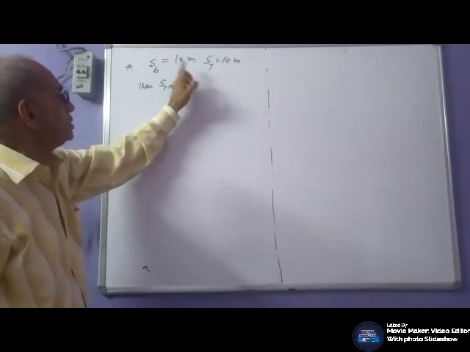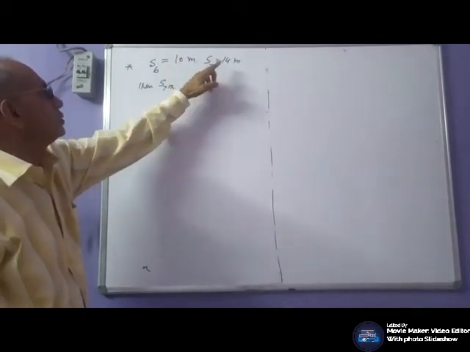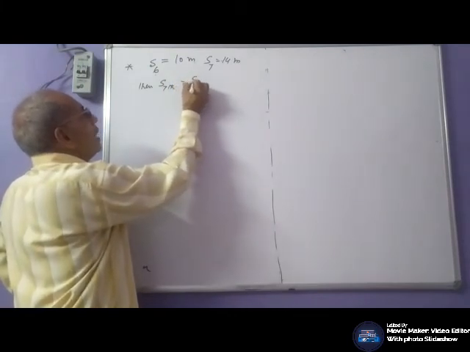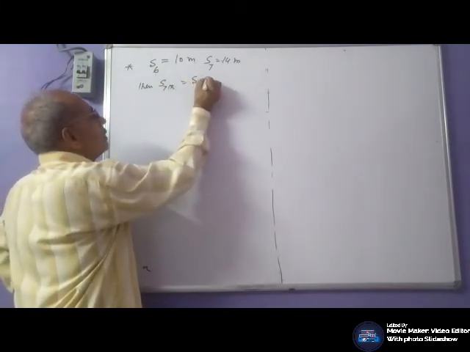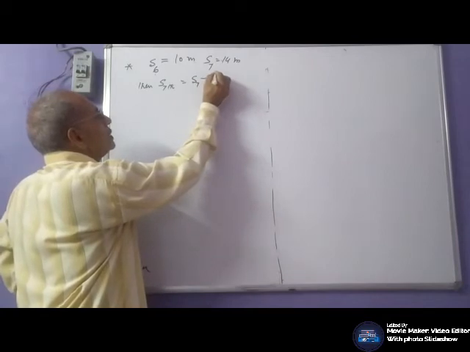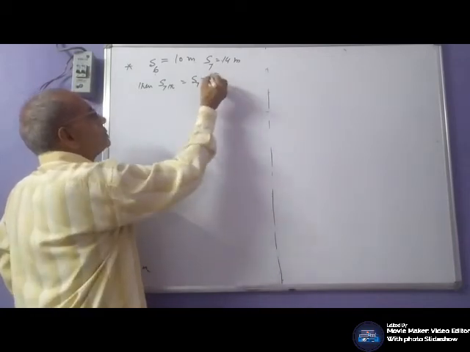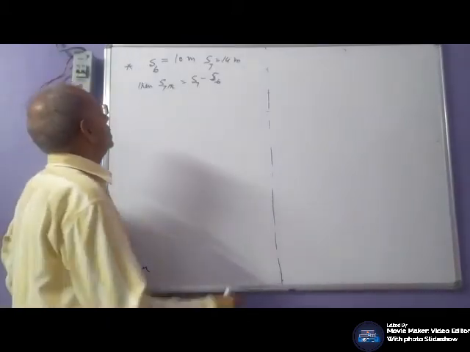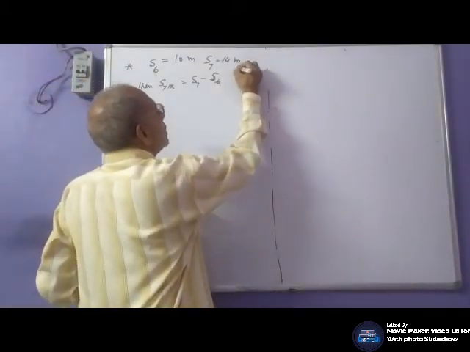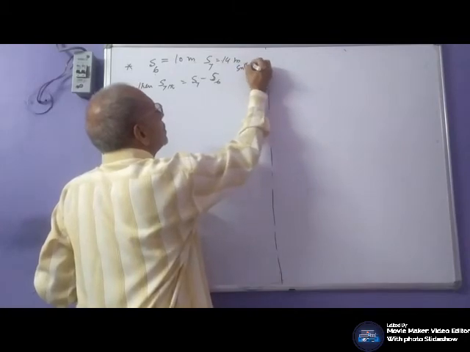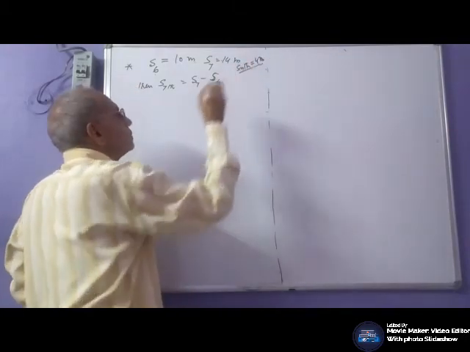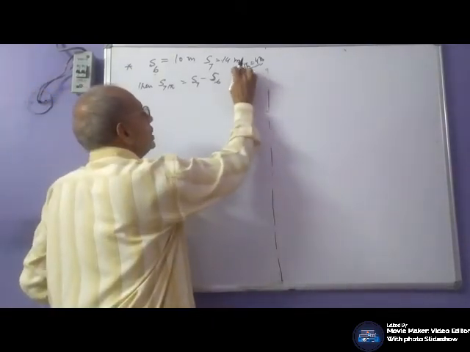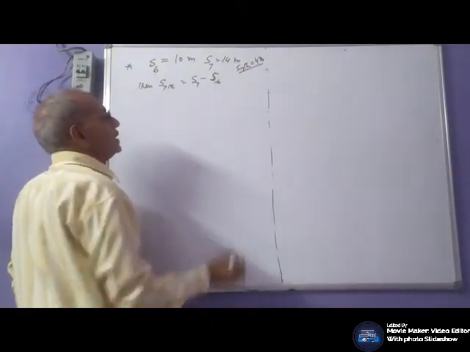So in 7th second the distance will be 4 meter. That is what? S7 minus S6. Snth is 4 meter. Sorry, S7th second it is 4 meter.